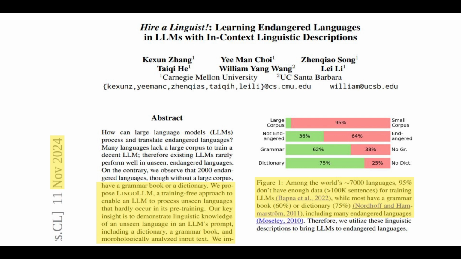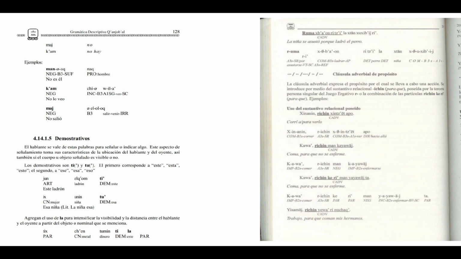And actually more of them have some kind of dictionary. So the idea is, could we use these resources in order to teach all these low resource languages to LLMs? Which resources? Okay, again, grammars, for example.